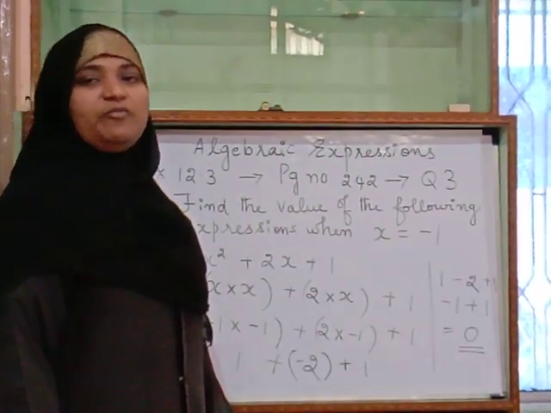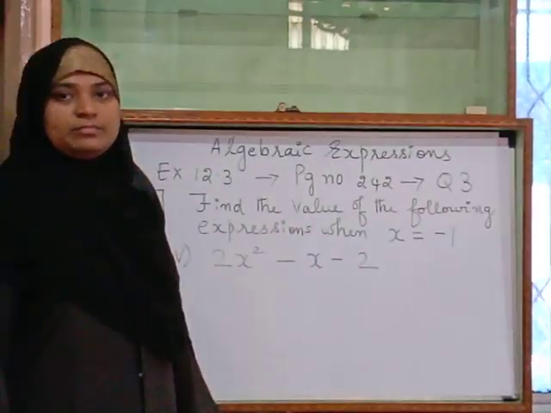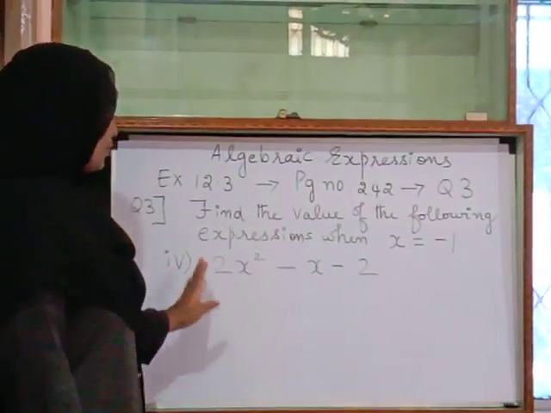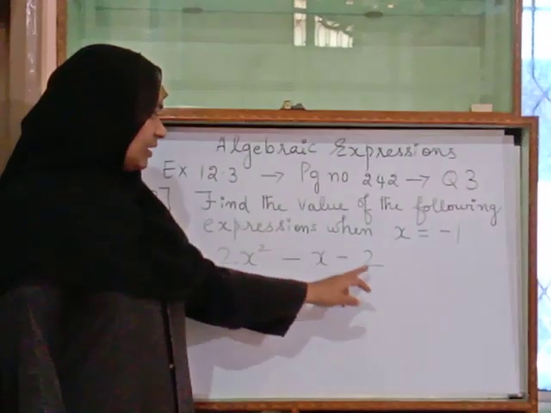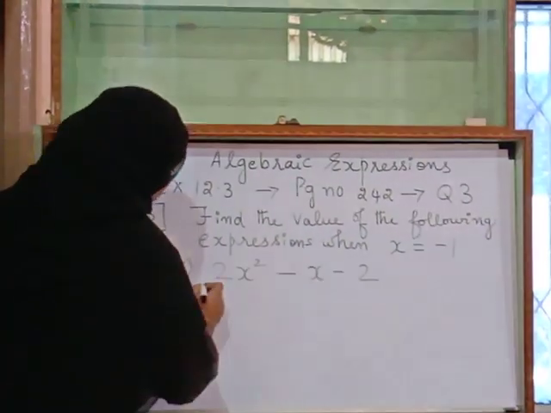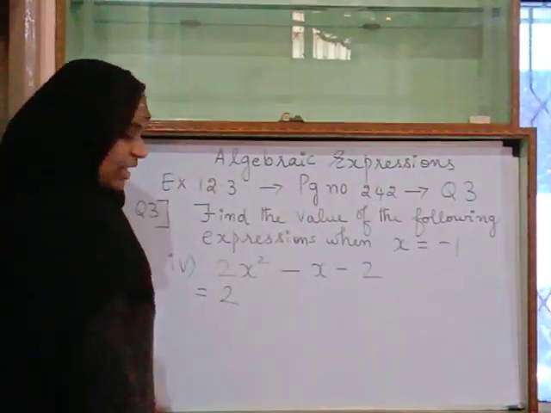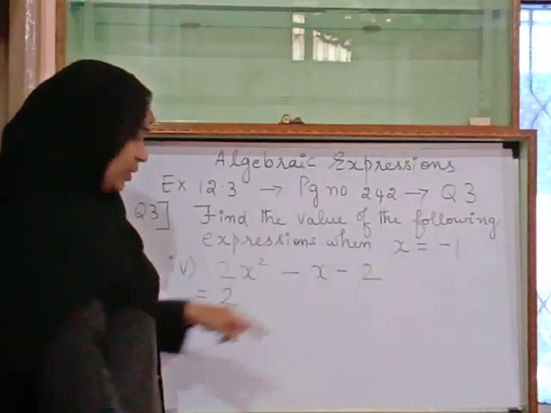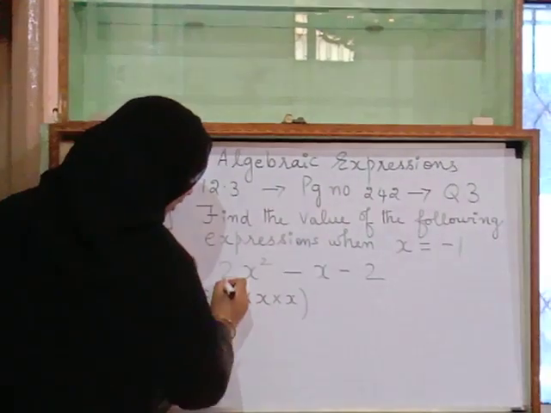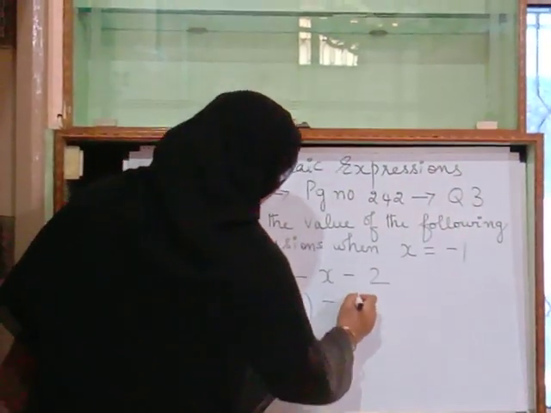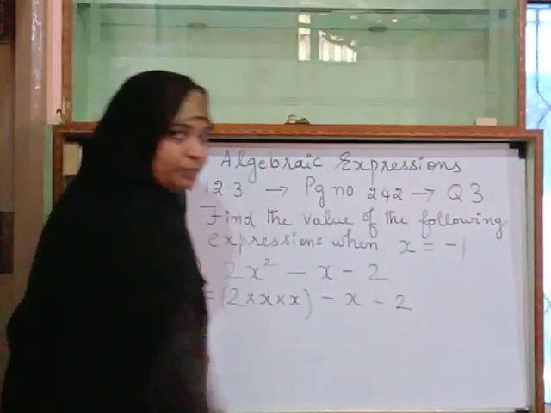Now we will move on to the fourth question. The last question is 2x square minus x minus 2. As usual, we will take 2, x square meaning x into x. So 2 into x into x, minus x minus 2.